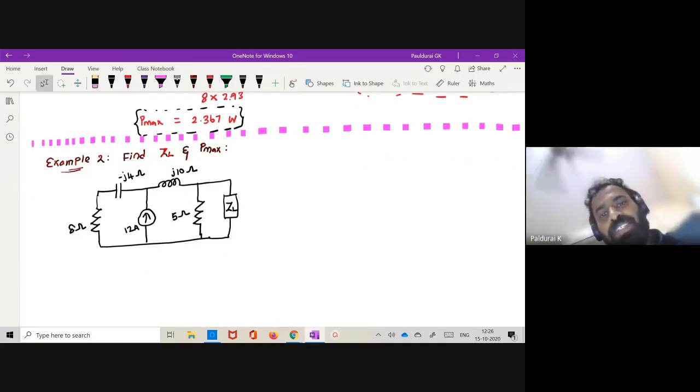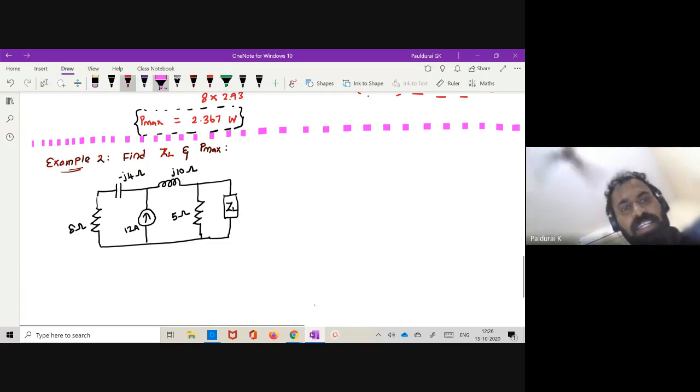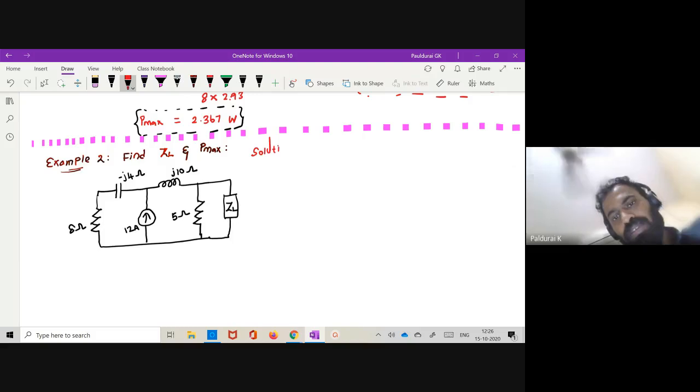So what's the very first step? You want to calculate ZL. But here, what is ZL? Anyone? So let me write the solution: ZL equals ZTH conjugate. So the very first step is to find ZTH.